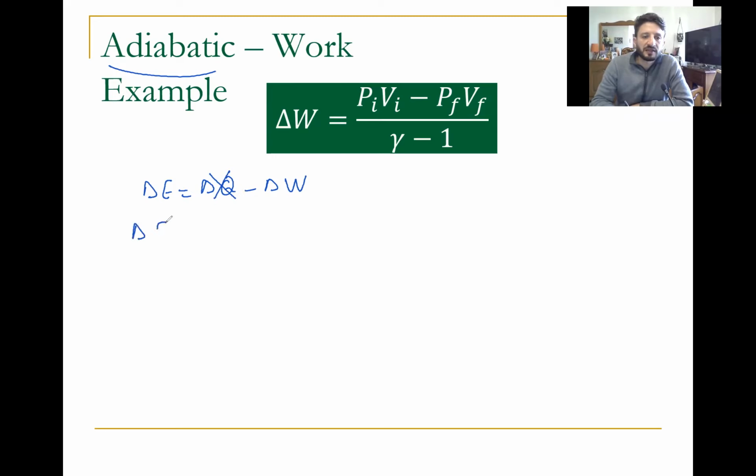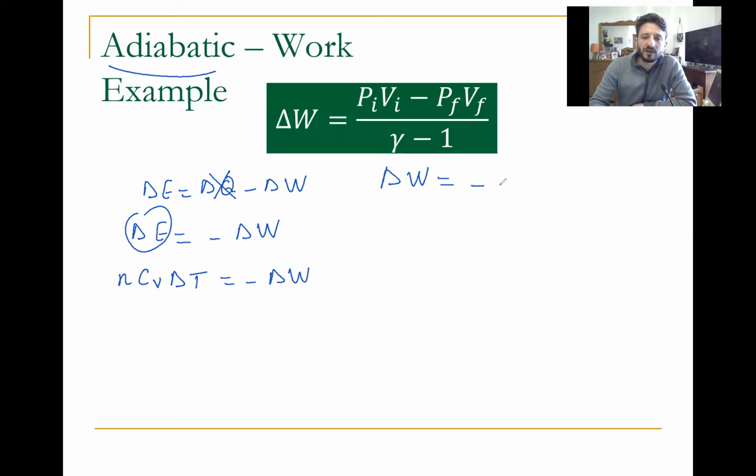So delta E equals minus W. You know, delta E equals n CV delta T equals minus W. So W equals minus n CV (T final minus T initial).